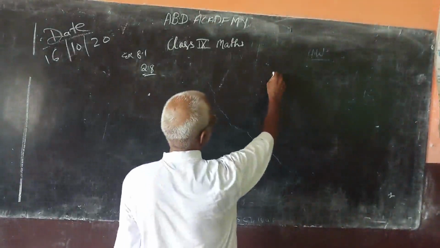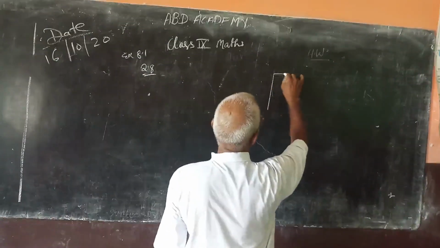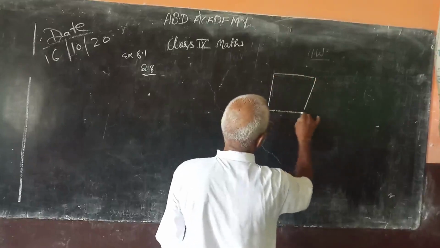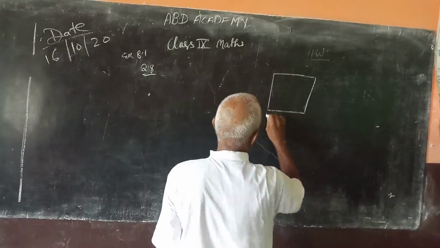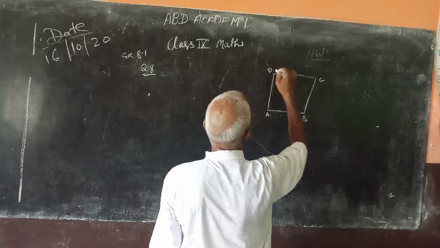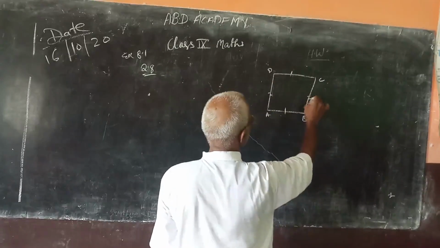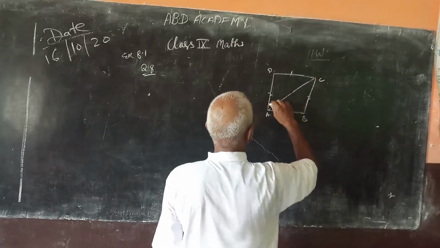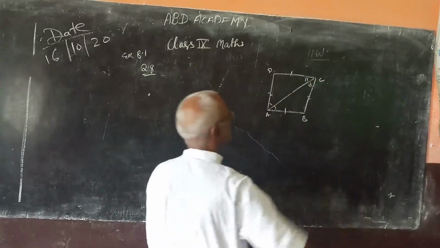In a rectangle, diagonal AC, A, B, C and D. It is given that it is a rectangle, and at the same time this is equal to this and this is equal to this.